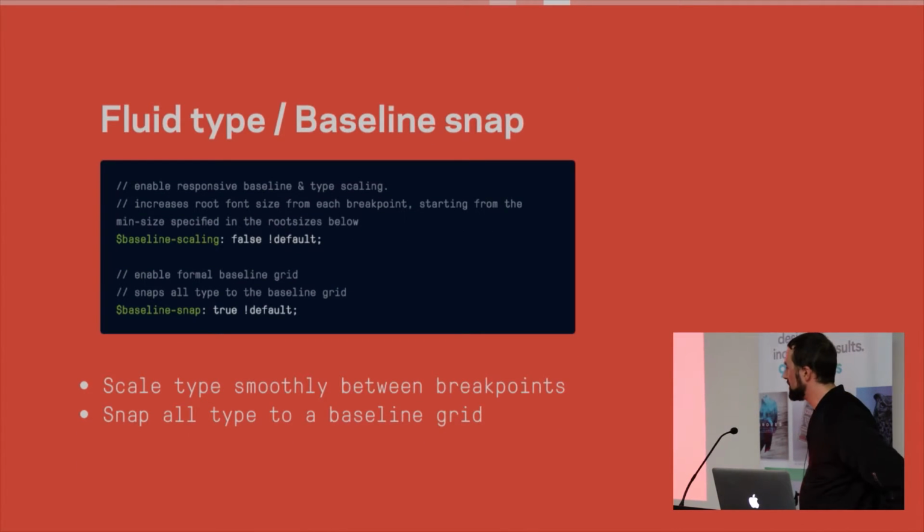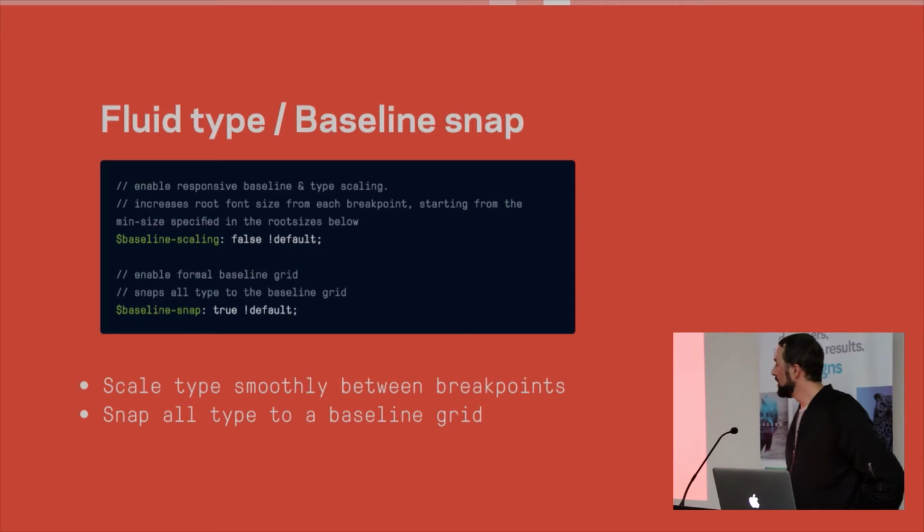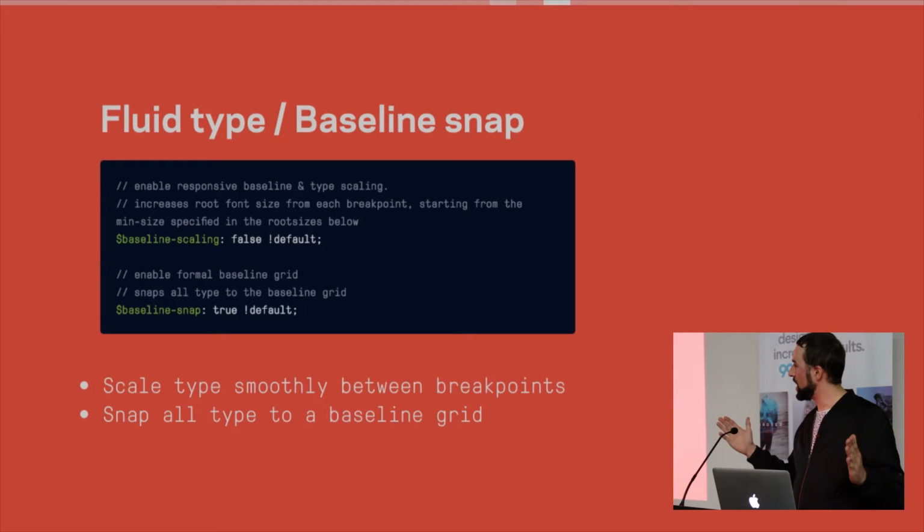There's a couple of options in here for baseline snapping, which I've talked about a little bit. The other one I haven't talked about is fluid type. There was a blog post a little while ago about setting this up between two set widths and having your type scale smoothly between these two widths to two different sizes.